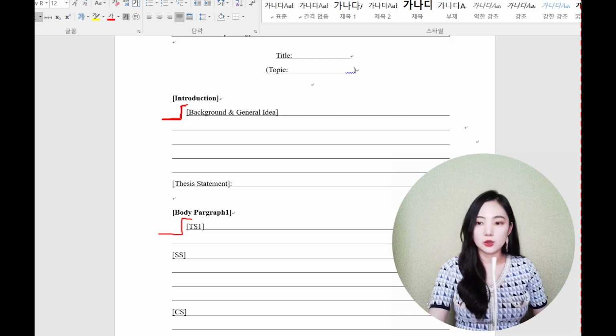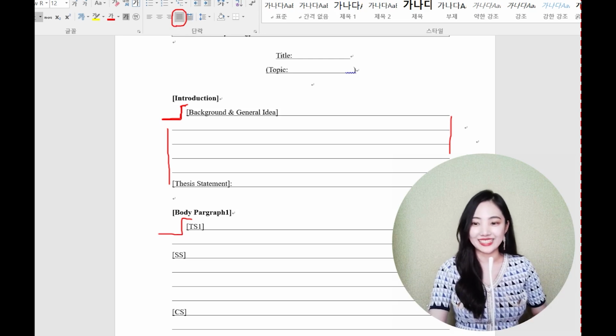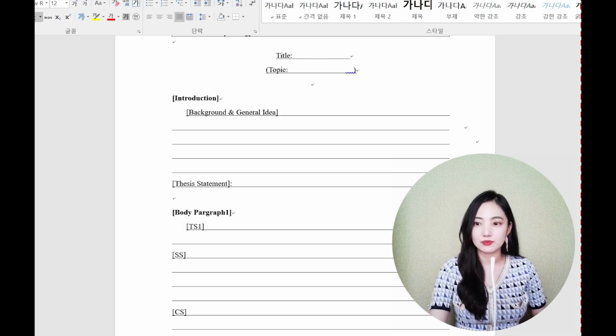Also, if you see this arrangement, it is like one line together and looks clean. How do I do it? I use this arrangement, not this, but this. Here you can press this button and that makes your essay more neat and clean. Let's move on.